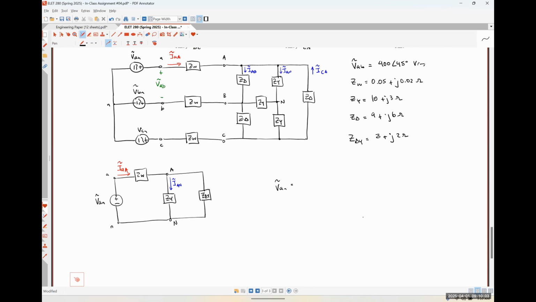Yep, divide VAB by √3 angle 30 to get VAN, 100%. So 400 angle 45 degrees volts RMS over √3 angle 30 degrees.